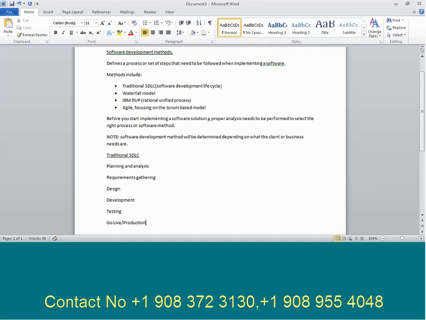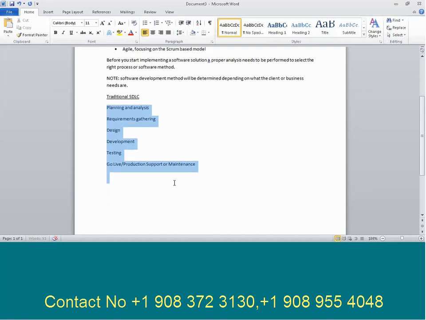Okay, so the phases that are implemented as part of the traditional SDLC are: number one, planning and analysis; two, requirement gathering; design; development; testing; and go live.